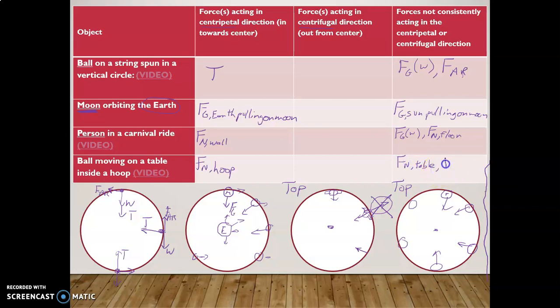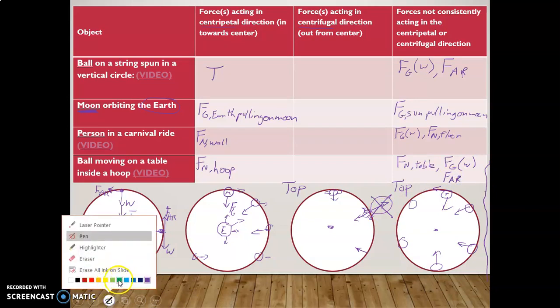And then straight away from us, right into the screen, so to speak, would be the force of gravity, or weight. And then we could try to think of some other ones, like air resistance. That would be acting like that, so that would be in the neither column. We could get into friction, but let's just leave that alone. It's not acting in the centripetal or centrifugal direction.